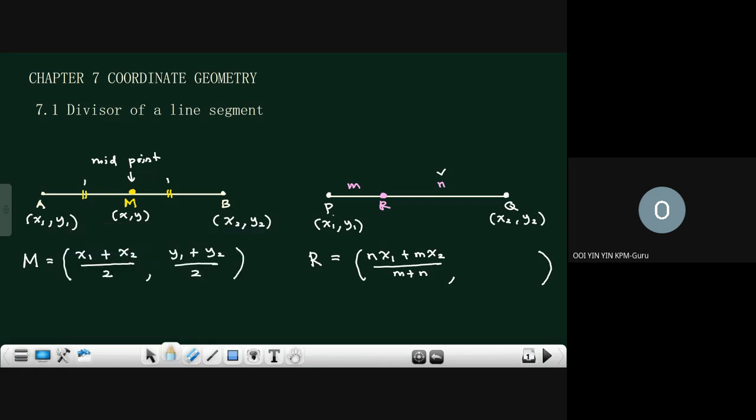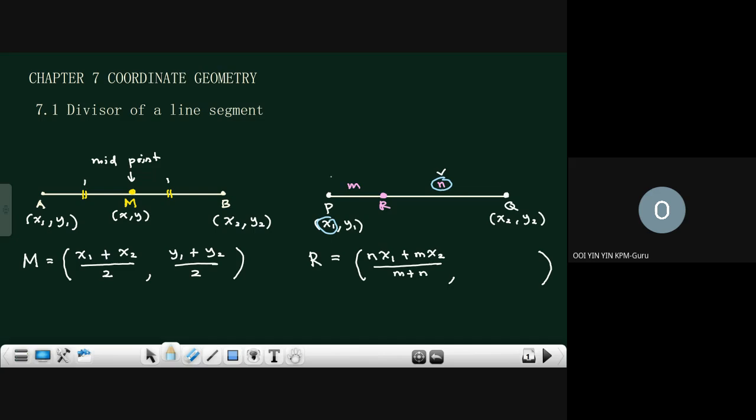On the other way, to say it is actually like this. Your point here x, you are going to multiply with the other side's ratio. No, not m. The m ratio is for PR, right? But now you use your p coordinate, you multiply with the other side ratio.